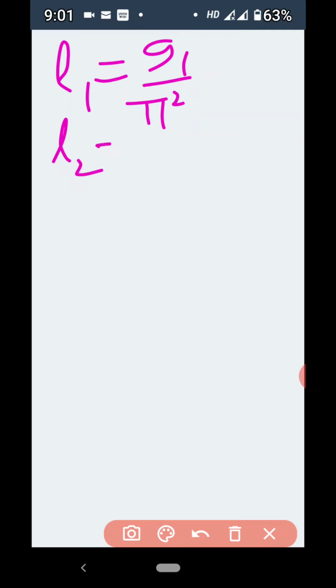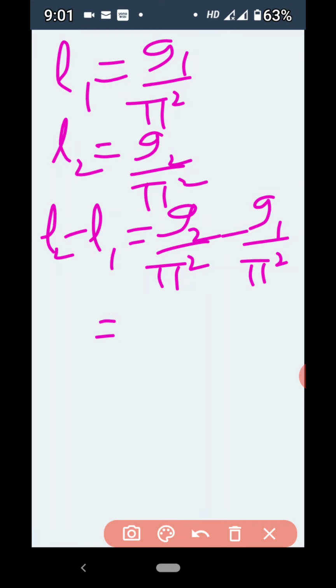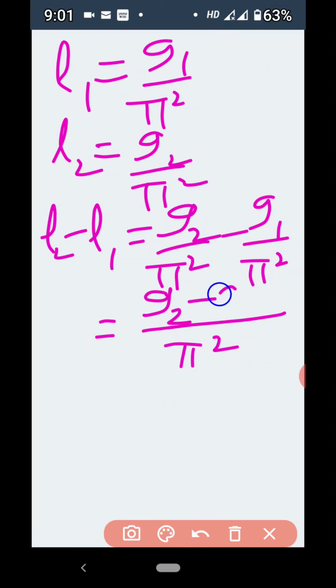Here L1 is equal to g1 upon pi square, the initial length, and L2 is equal to g2 upon pi square, the final length. Now final length is more than initial length, therefore L2 minus L1, final minus initial, means bigger minus smaller: g2 upon pi square minus g1 upon pi square. So we can write this as, pi square being common, g2 minus g1. g2 is 9.8 and g1 is 9.75.